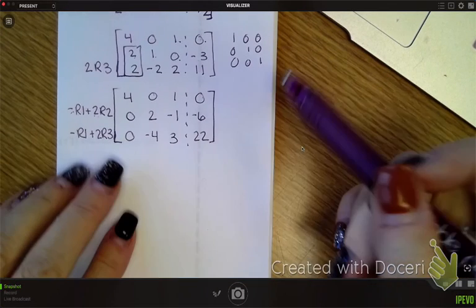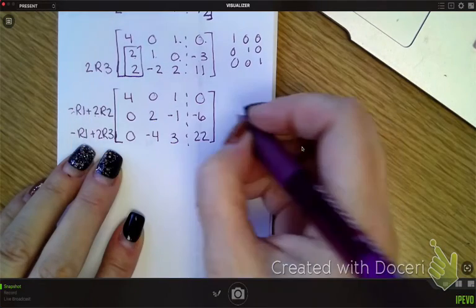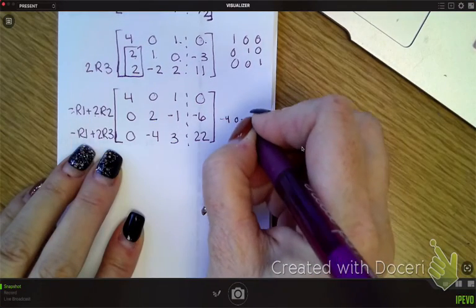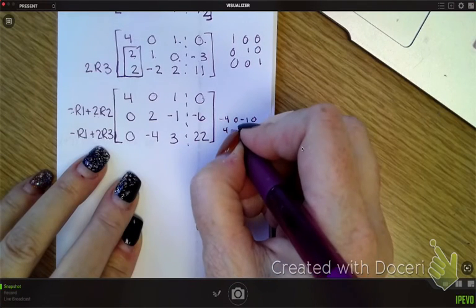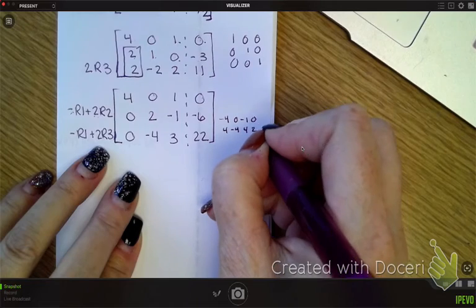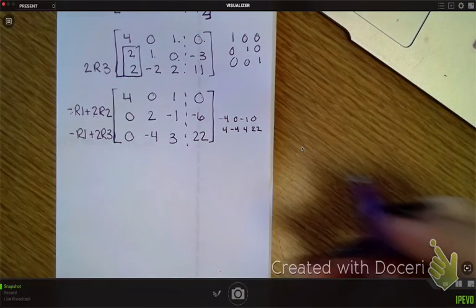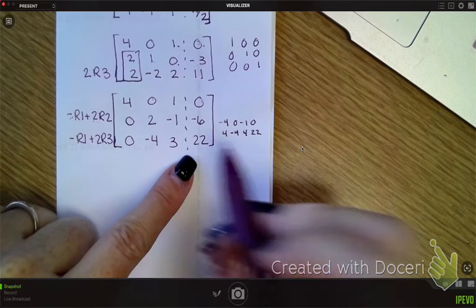So what this is right here, negative R1, so it'd be negative 4, 0, negative 1, 0. 2R3 would be 4, negative 4, 4, 22. The result of that would be 0, negative 4, 3, 22.